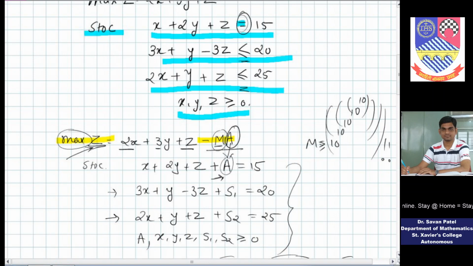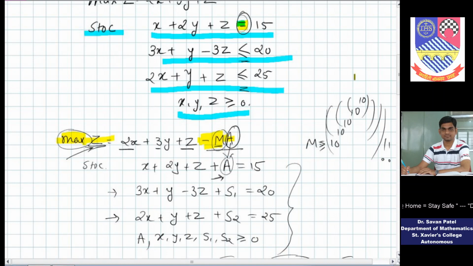And if your problem is of the minimizing case, we will consider the coefficient of the artificial variable to be plus M instead of minus M. That is the only change in the case of equality type constraints.